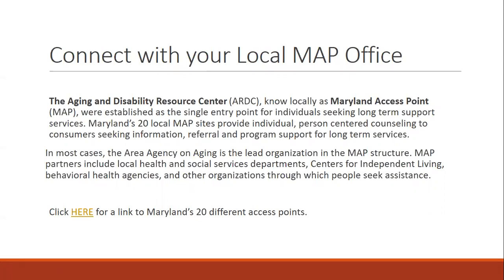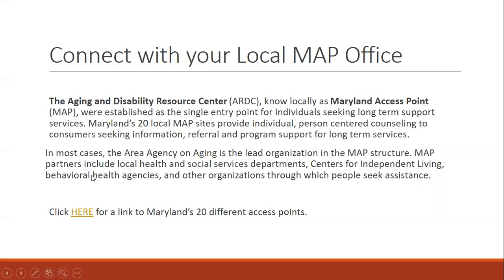And moving forward, there's also the Maryland Access Points. The aging agency, the ARDC, is also known locally as Maryland Access Point. It can be kind of confusing with all these different terms and alphabet soup, but they were established as a single entry point for individuals seeking long-term support services. Maryland's 20 local MAP sites provide individual and person-centered counseling to consumers seeking information, and also referral and program support for long-term services.